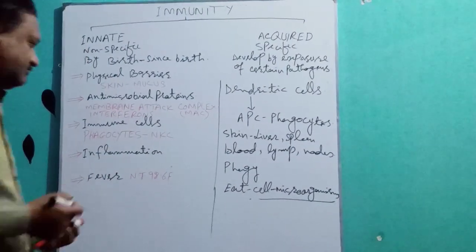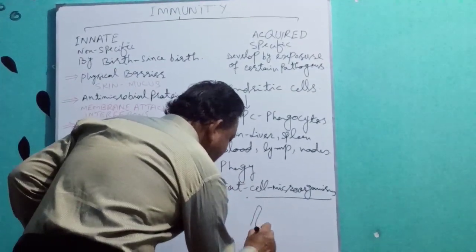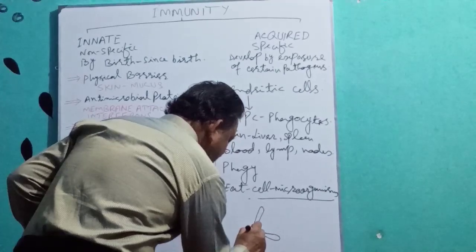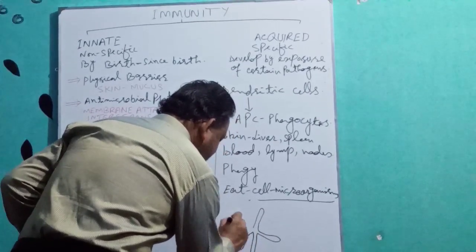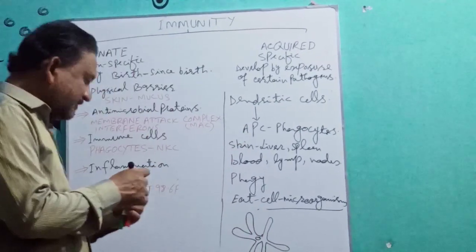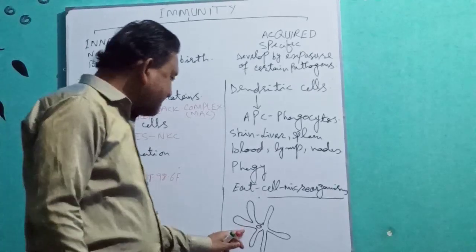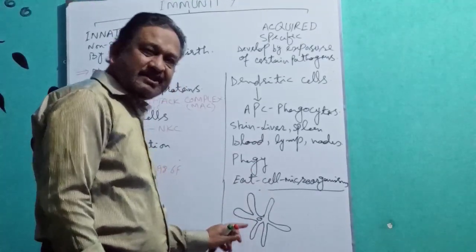They engulf them. And these are called dendritic cells because they have branches, because dendritic means branches.